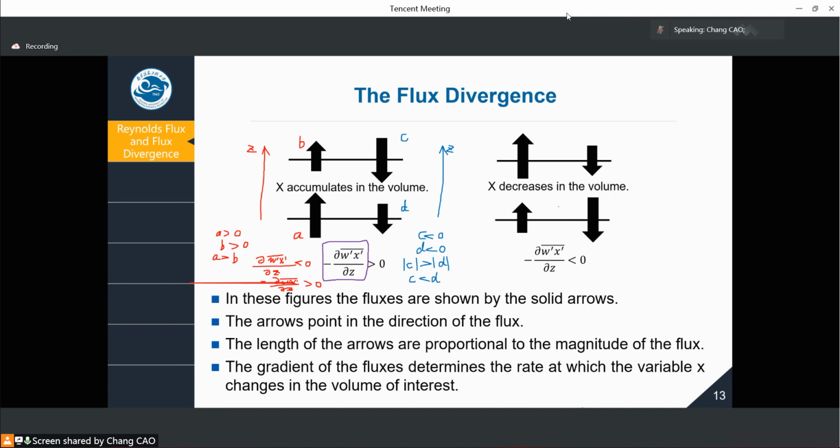Maybe Sithara, can you explain it? Which one, Lausha? Right hand side or left hand side? Can you see my mouse here? On the right picture, why is the minus z derivative of the flux smaller than 0? Can you try to explain this?